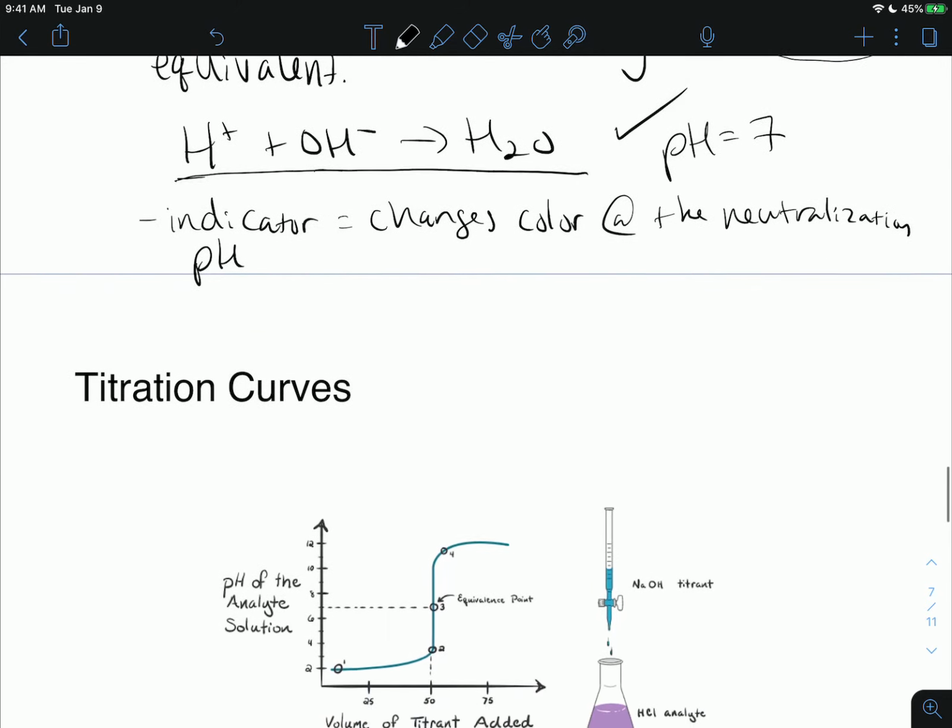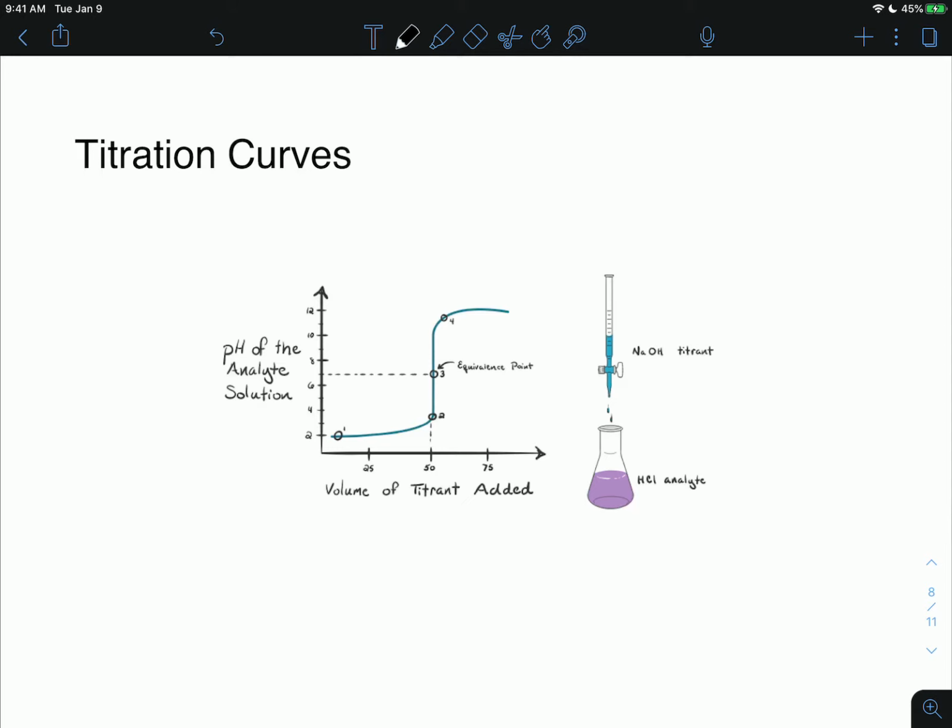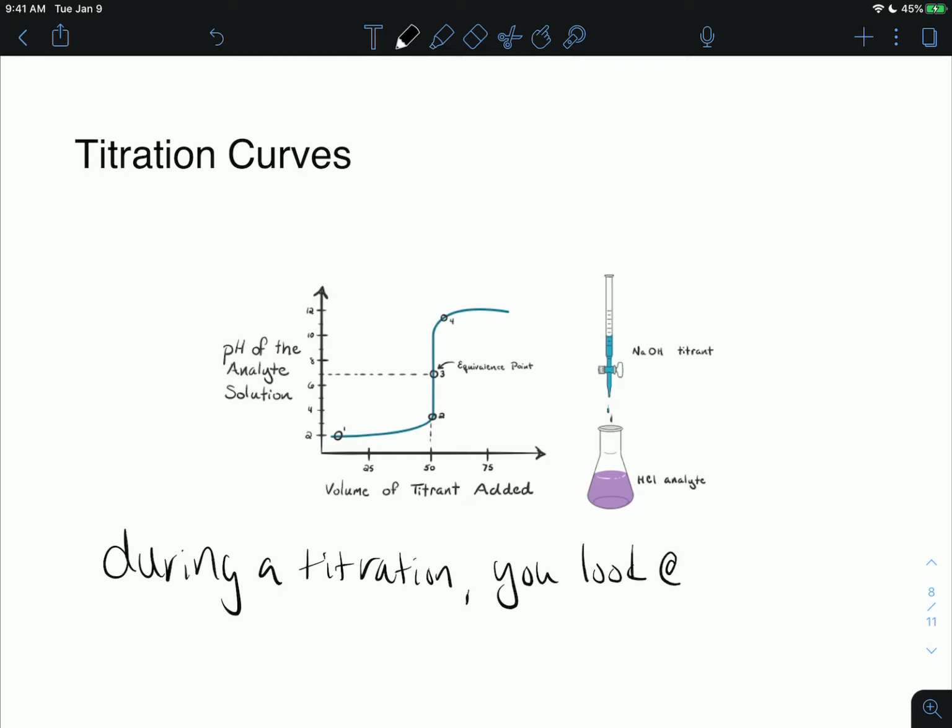Okay. So with a titration, generally what you're going to be looking at is volume of titrant added and pH. So during a titration, you look at volume of titrant added and pH.